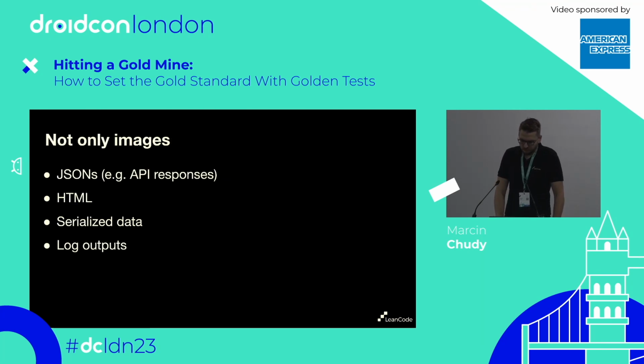And although I've talked only about images, because golden tests in Flutter are related to images, the idea of golden testing itself is not strictly related to images. A golden file can be anything.